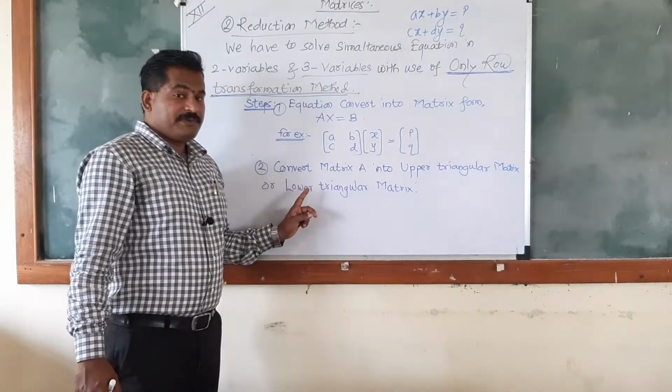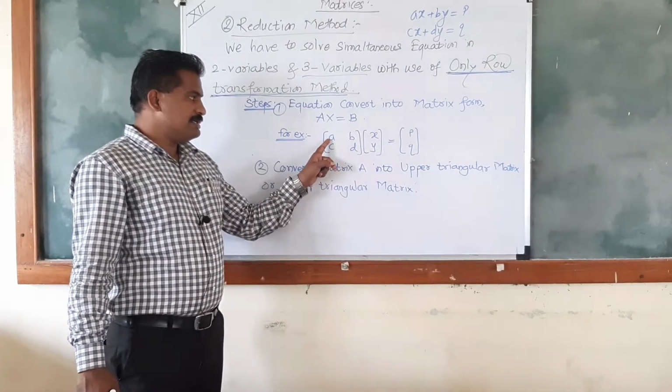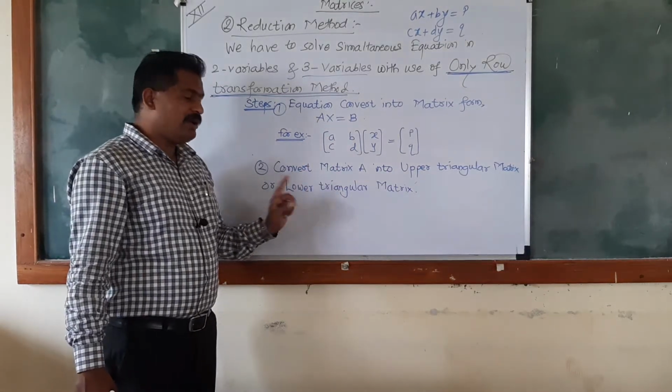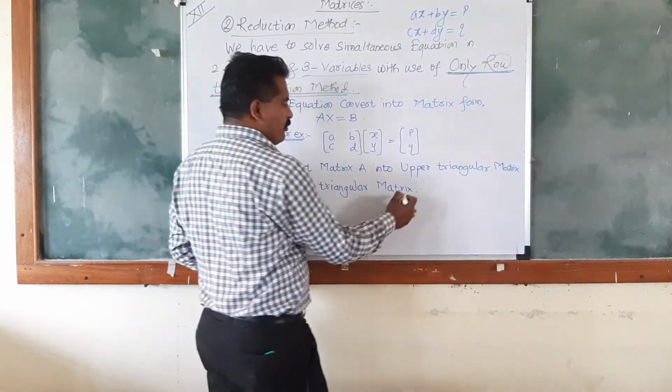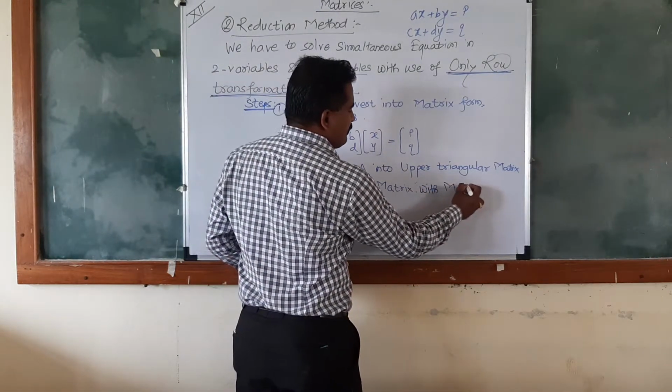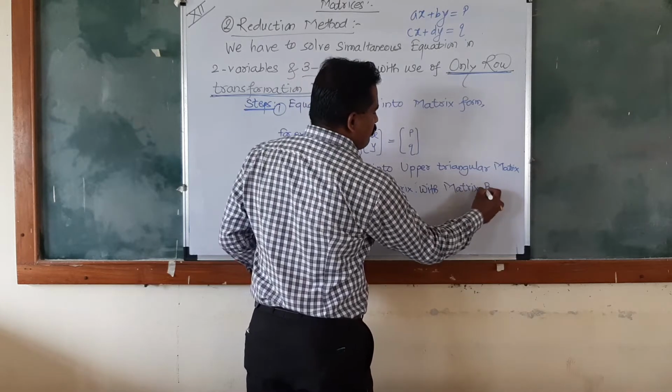In the second step, this matrix A is converted into a lower triangular or upper triangular matrix, with matrix B also.